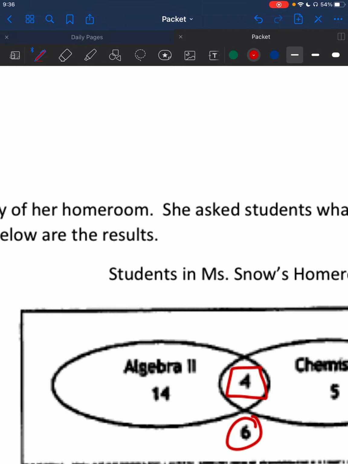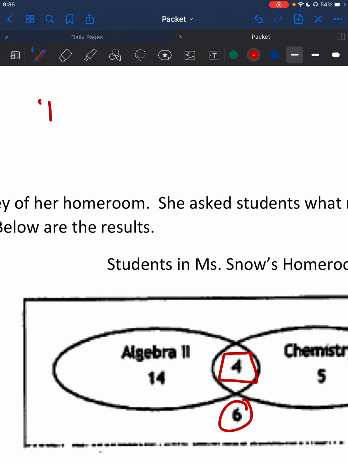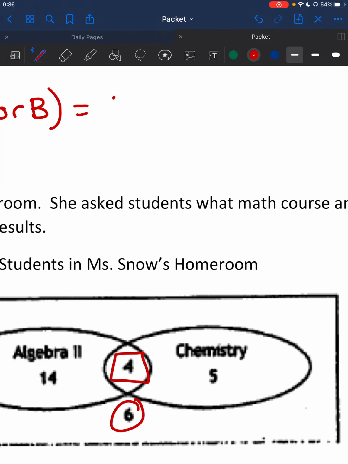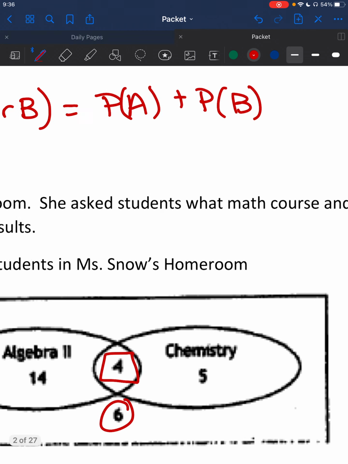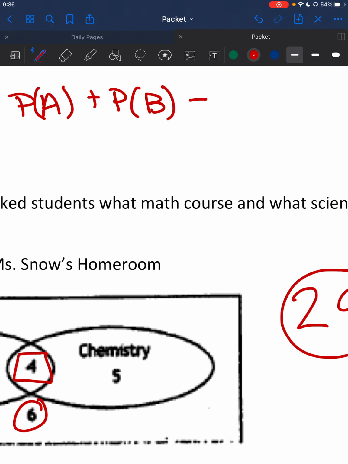So when you're finding the probability of something with an or, so let's say A or B, that is equal to the probability of A plus the probability of B minus the probability of A and B, so probability of both, okay?